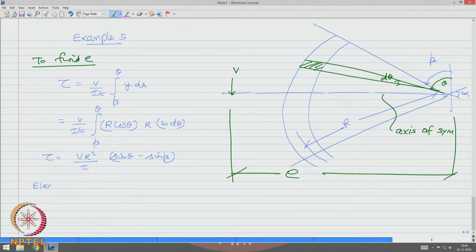Now, the elemental shear force dV will be tau dA. So, dV will be V r cube t by I, sin theta minus sin beta d theta, because dA is r d theta.